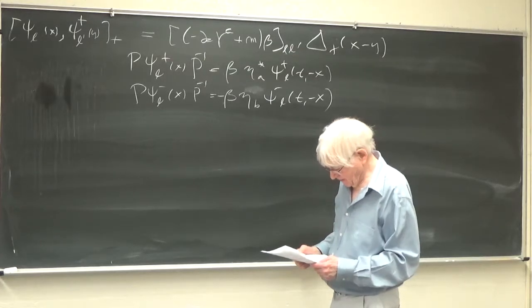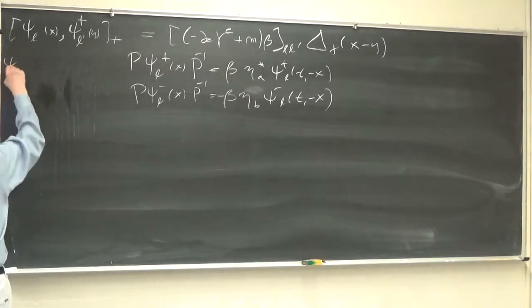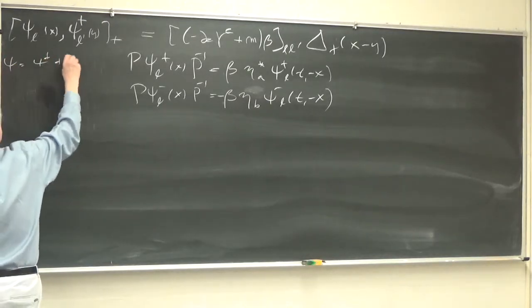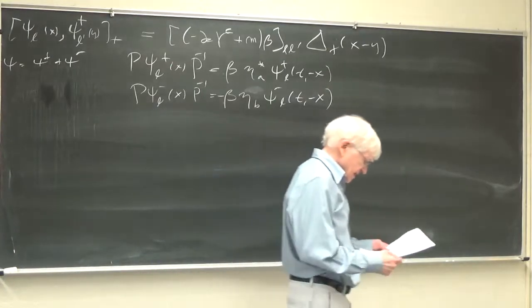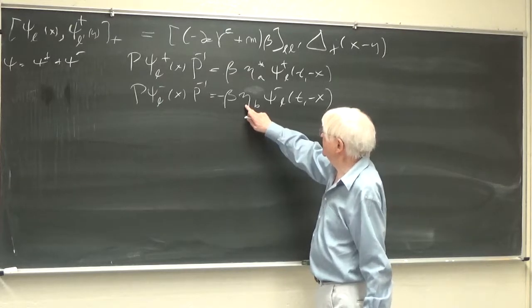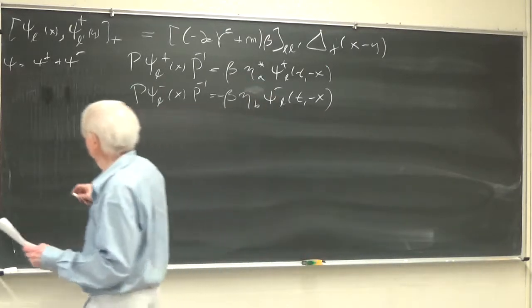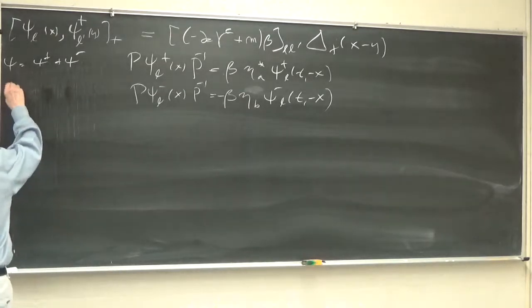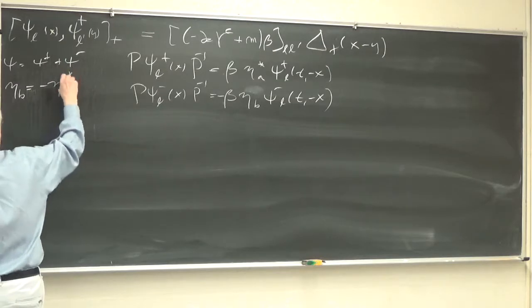And that means then if psi, which is psi plus plus psi minus, is to survive a parity transformation, then A to B has to be minus A to A star. So A to B is minus A to A star.